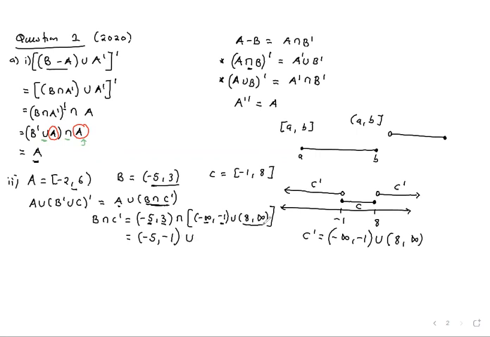Between -5 and 8, which one is bigger? You find that 8 is bigger than -5. Between infinity and 3, which one is smaller? So 3 is smaller. If you find numbers starting with 8, ending with 3, starting with a bigger number, ending with 3, the interval does not reverse its direction.